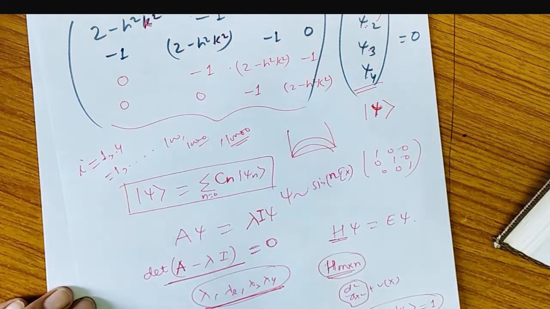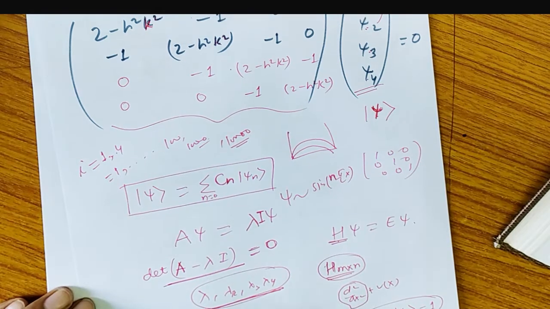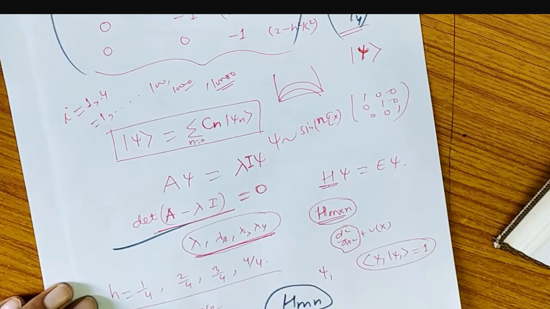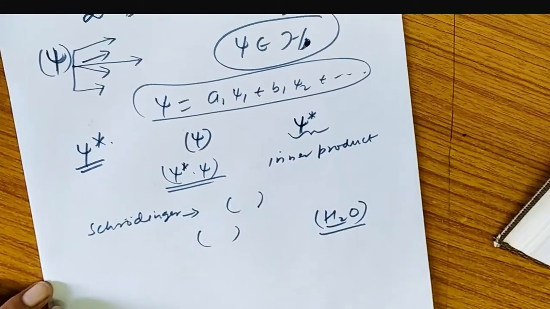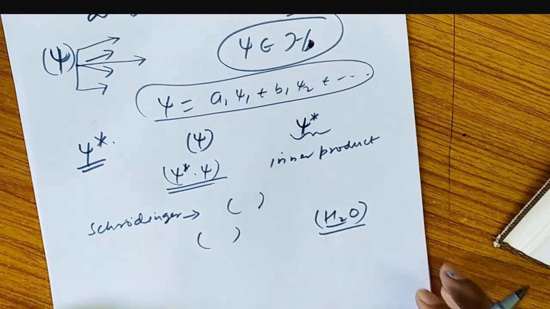This is how people think about solving this complex problem on computers using matrix identities. They find the determinant, they have a method to get the eigenvalues, and corresponding to each eigenvalue they construct the eigenvectors. This is how numerical quantum mechanics has been done.